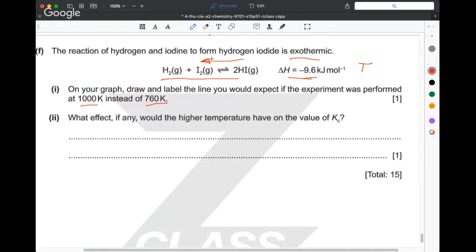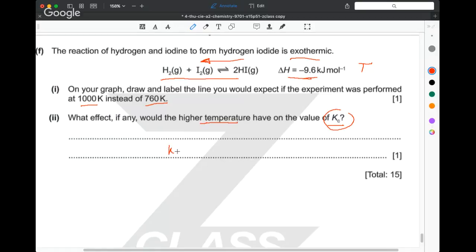That's just an application of Le Chatelier's principle. And, well, now this Kc is going to change. Because remember, the only thing that changes the value of Kc is the temperature. And we've got the position of equilibrium shifting to the left.